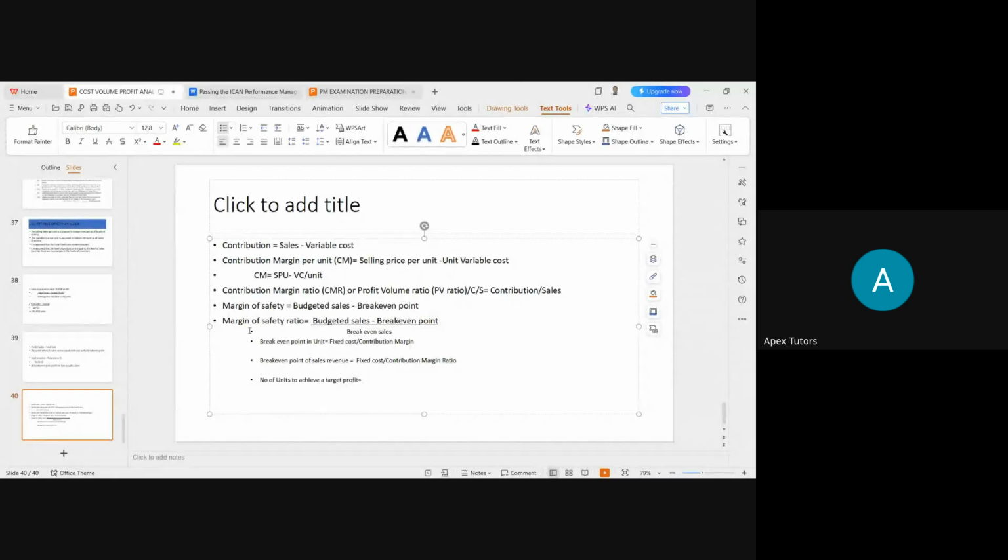For you to do that, it will be your fixed cost plus that target profit. It might be given in the question. Plus target profit divided by contribution margin ratio, CMR.